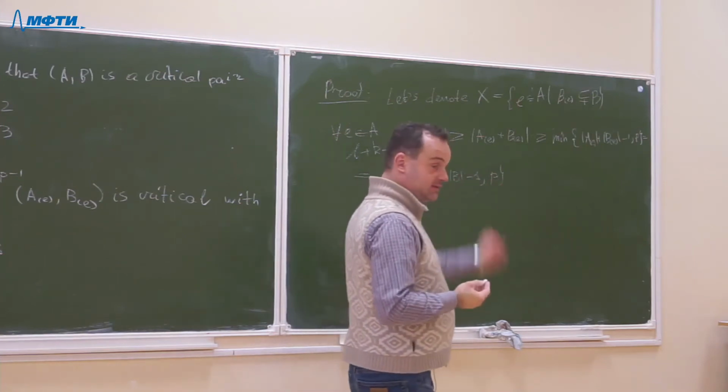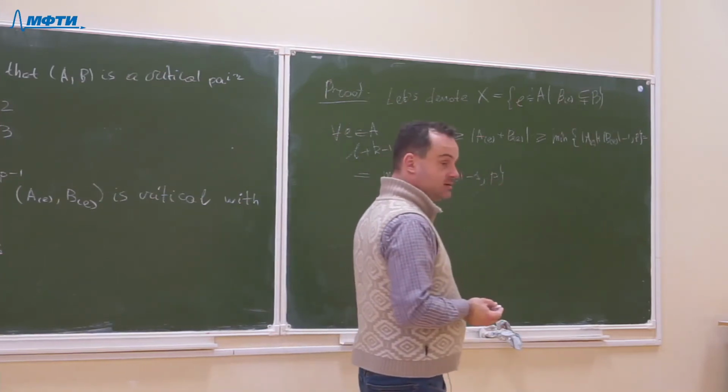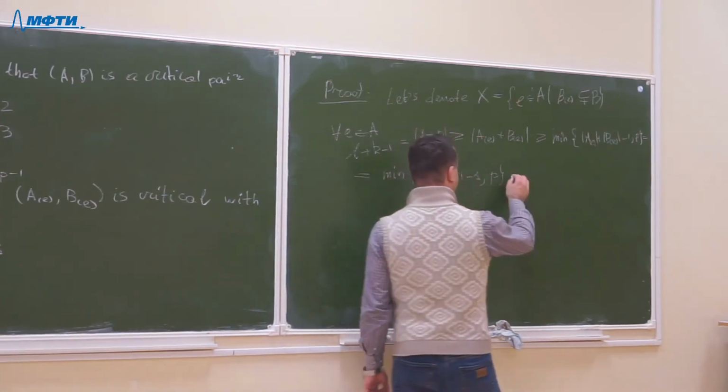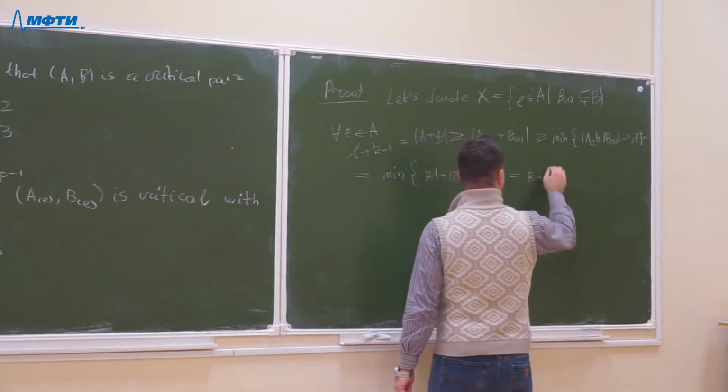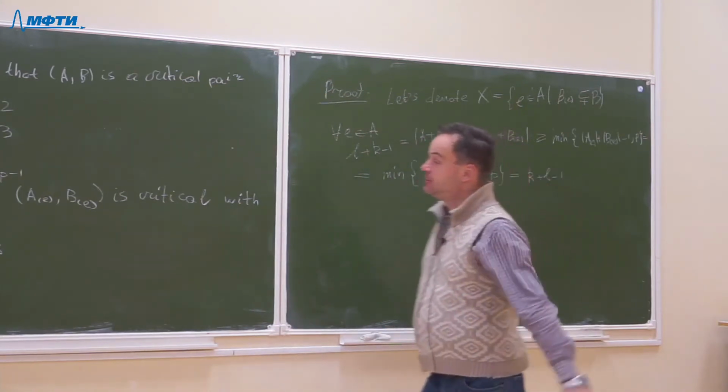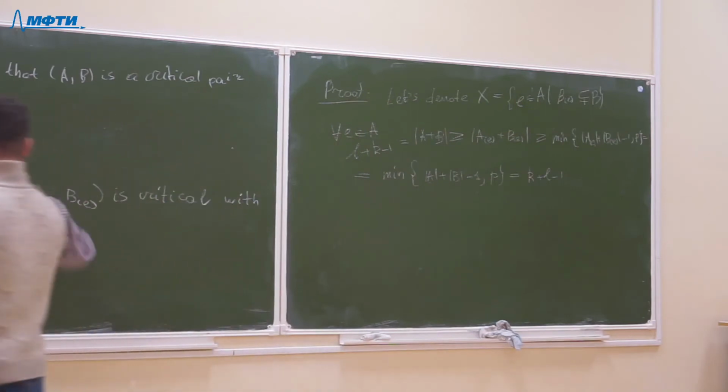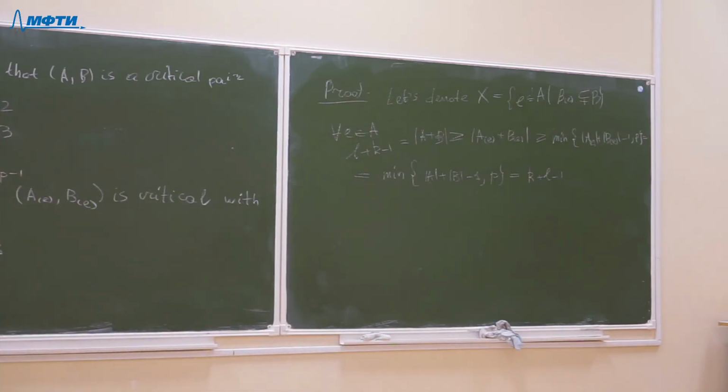So this is K plus L minus 1 by the property of this lemma, right?